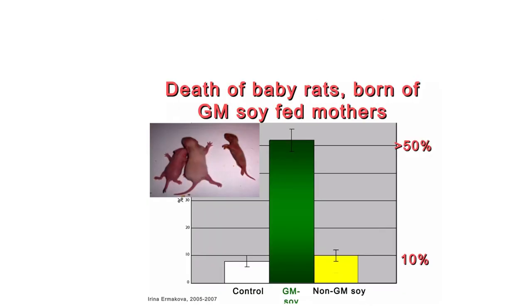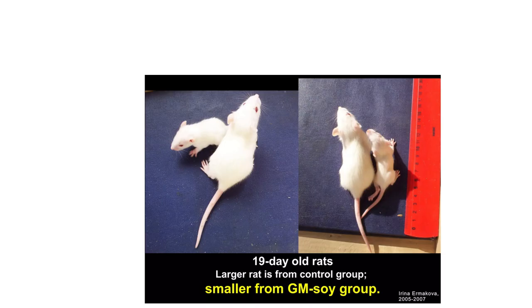So here again, going back to the rat studies, you had a high incidence of infant mortality in rats that had GM soy, something in the Roundup gene. The Roundup resistant gene was causing that. And same here, you had growth issues even if they survived. GM soy groups had stunted growth.